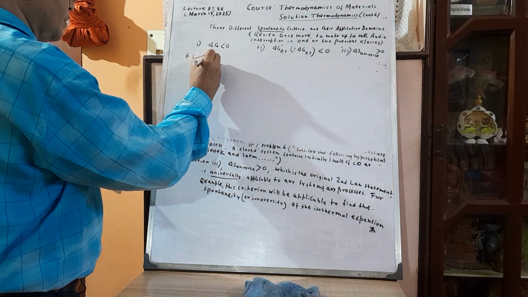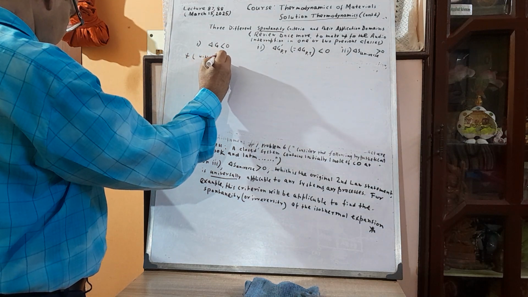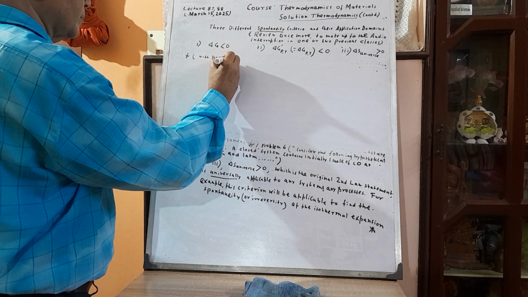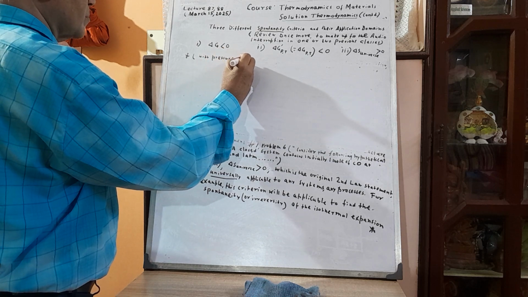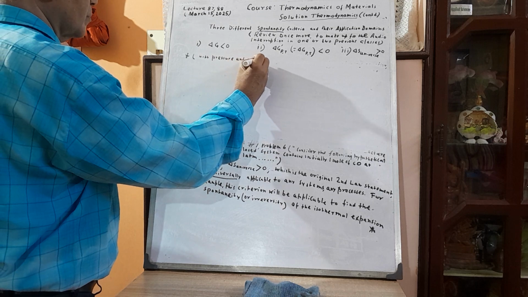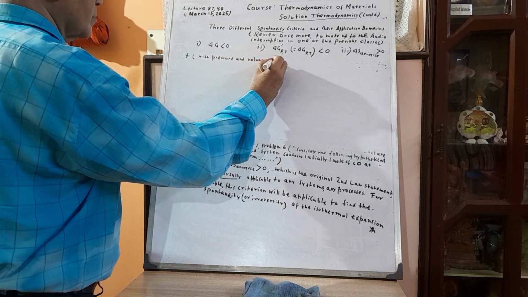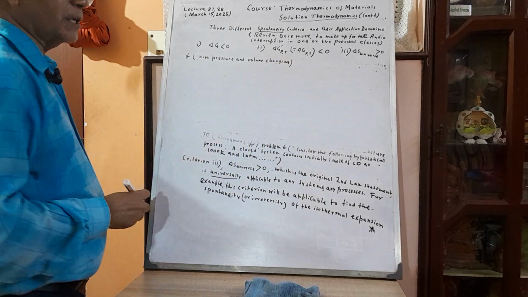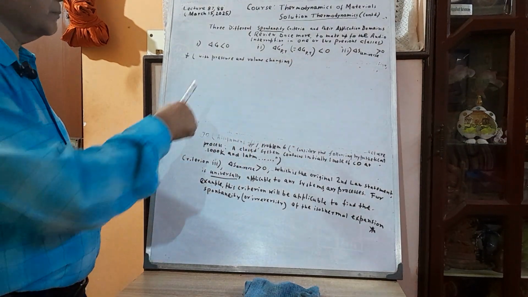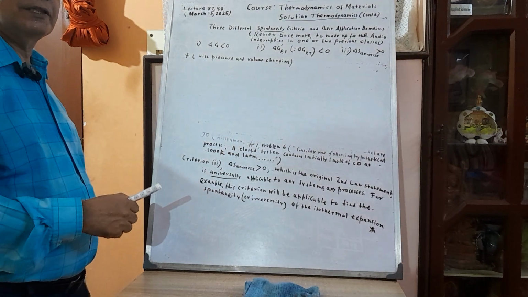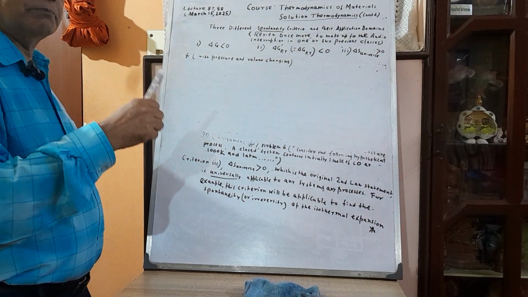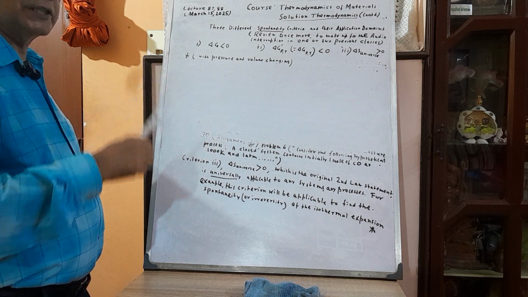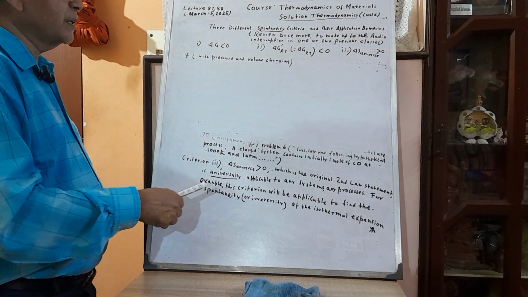Recall this: with pressure and volume changing, for an ideal gas in an isothermal process. Remember P1 V1 T to P2 V2 T, initial state, final state. So this was for this.